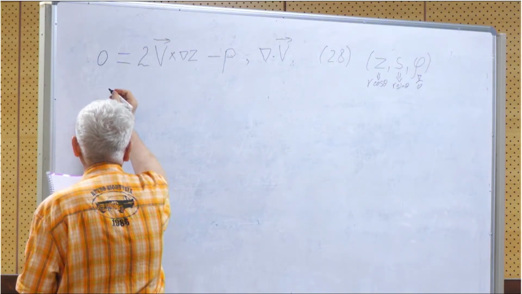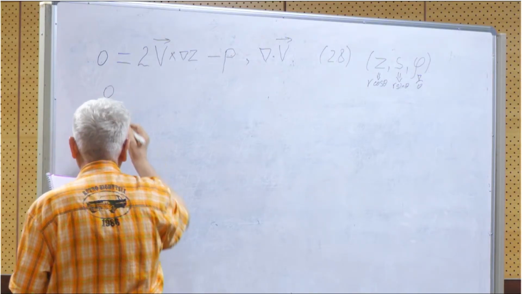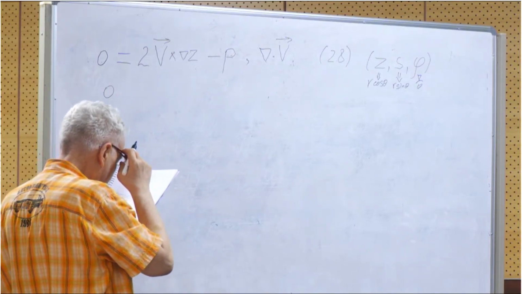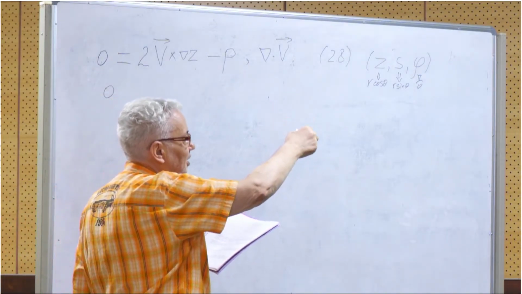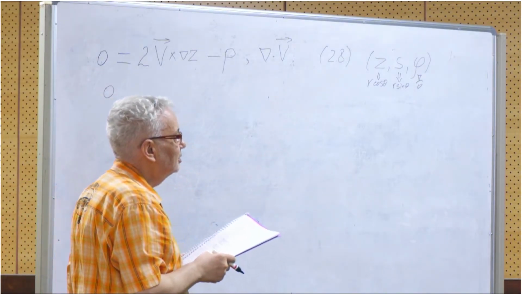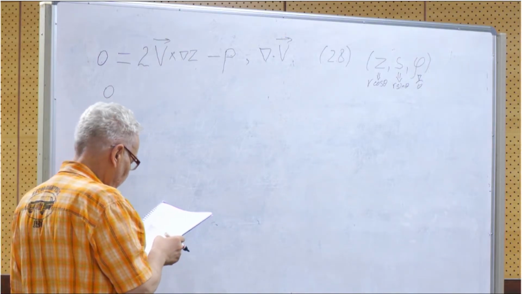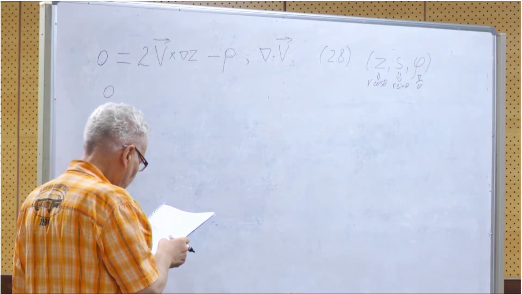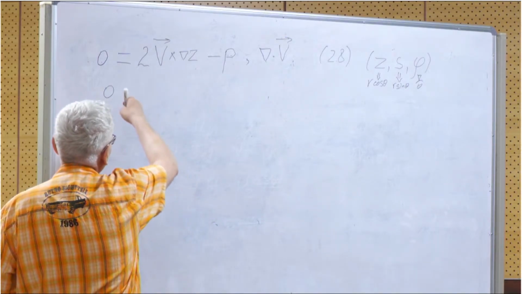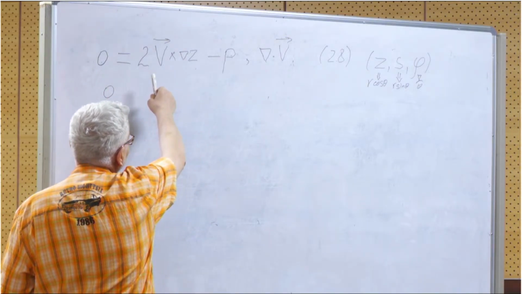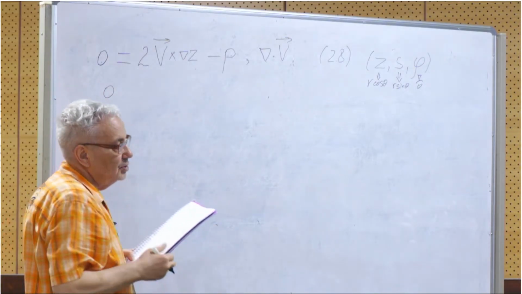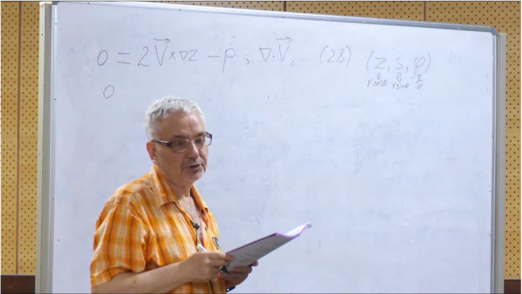And of course, we start with 0. First of all, we consider the component which is in the direction of z, the axis of rotation, the z direction. And of course, in this component of the equation, 0 remains 0. And then we have this component which is actually perpendicular to z.